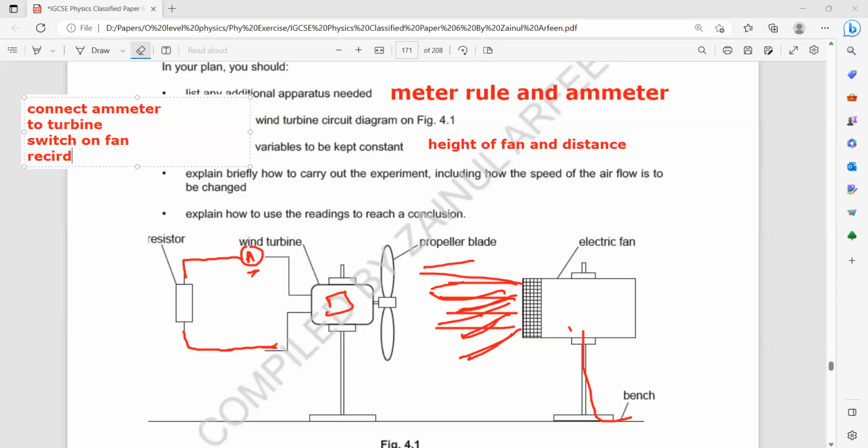Then we will record the reading of the ammeter. Then we will repeat. Whenever you mention repeat, always mention the number. As I mentioned, repeat 5 times, or repeat the experiment with different fan speeds.